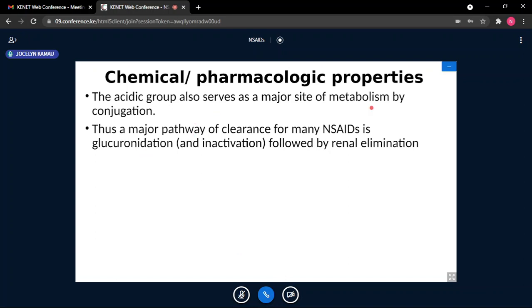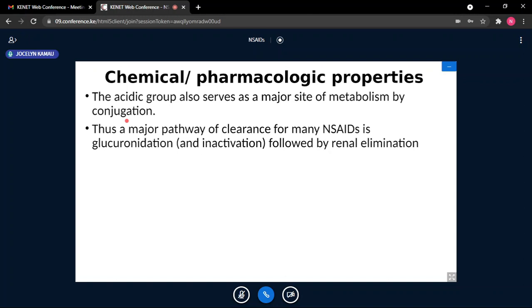The acidic group also serves as a major site of metabolism through conjugation. Whenever you have a carboxylic group, it's a site of metabolism. A major pathway of clearance for many non-steroidal anti-inflammatories is glucuronidation and inactivation followed by renal elimination. We're just looking at the structures. We are saying those which have the carboxylic group have a highly polar group.